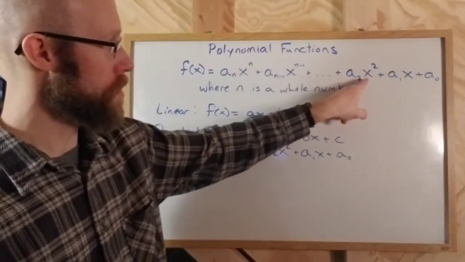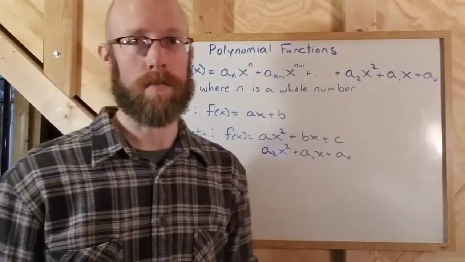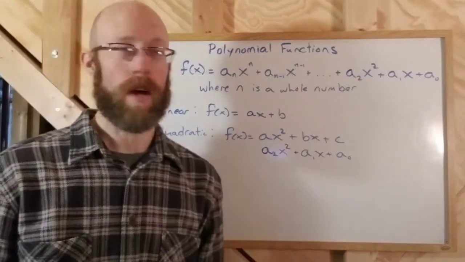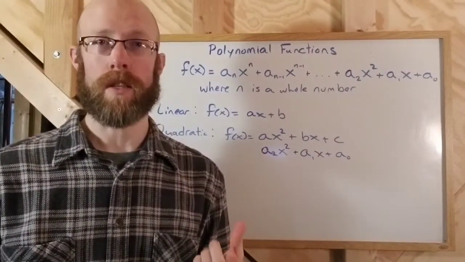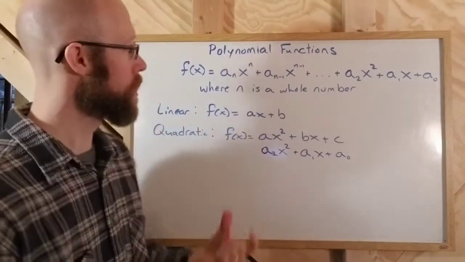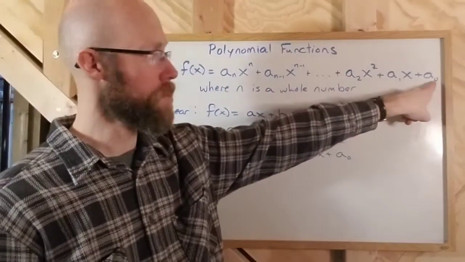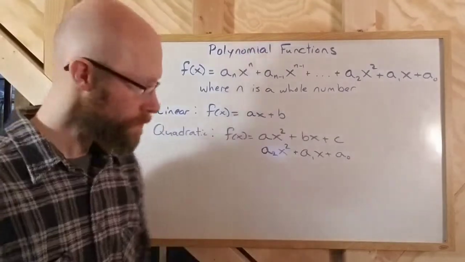Eventually you get down to the x squared term, the x term, and a constant term, the constant being A sub 0. Now the subscript, along with the power, they represent the degree of the term. The A sub 0 down here represents a constant, a 0 degree term.